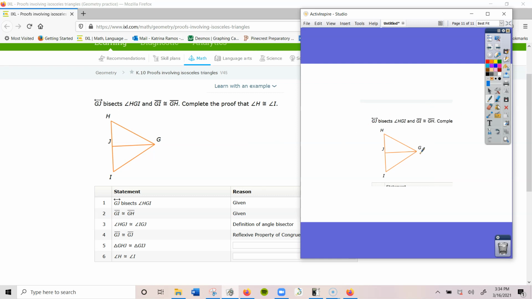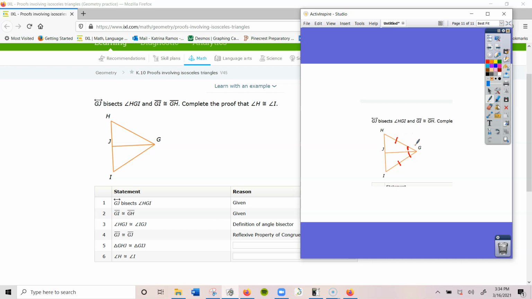We have here that GJ bisects angle HGI. So if it bisects, that means that this angle is congruent to this angle. We have that GI is congruent to GH, and that's given. So I'm going to mark that up there. Then we have that these two angles are congruent because of the definition of angle bisector.